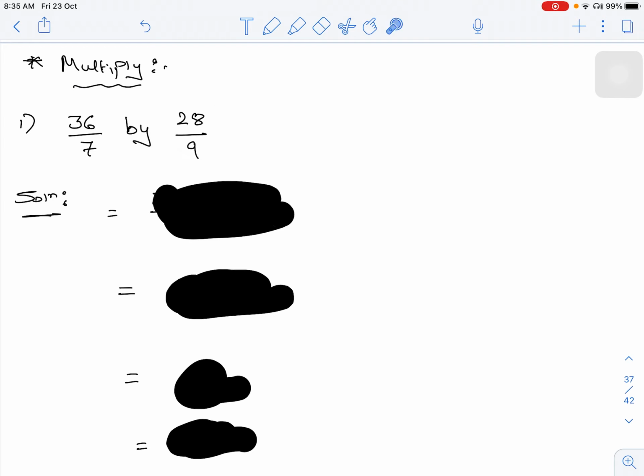Now here, in the first example, we have to multiply 36 upon 7 by 28 upon 9. What we have to multiply, we have written here first. Now it can be seen that 36 can be cancelled by 9, and 28 can be cancelled by 7.